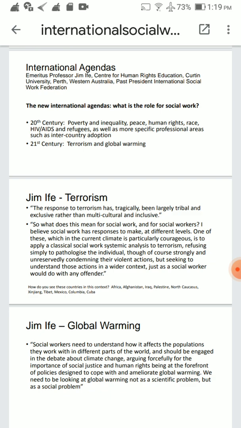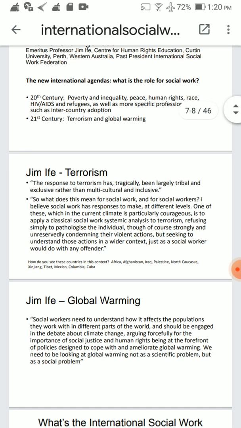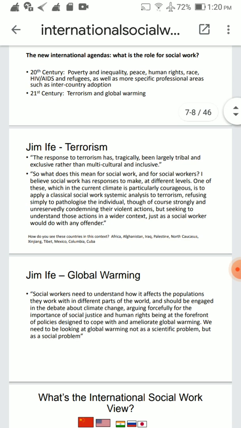One of these, which in the current climate is particularly courageous, is to apply a classical social work systematic analysis to terrorism, refusing simply to pathologize the individual, though of course strongly and unreservedly condemning their violent actions, but seeking to understand those actions in a wider context, just as a social worker would do with any offender. How do you see countries in the context of Africa, Afghanistan, Iraq, Palestine, North Korea, Xinjiang, Tibet, Mexico, Colombia and Cuba?